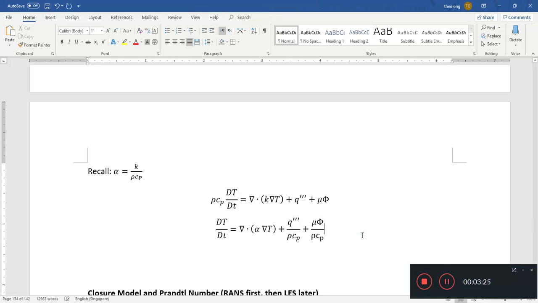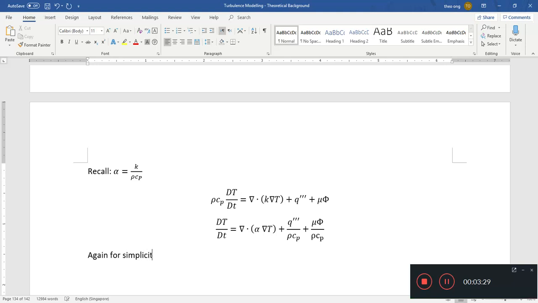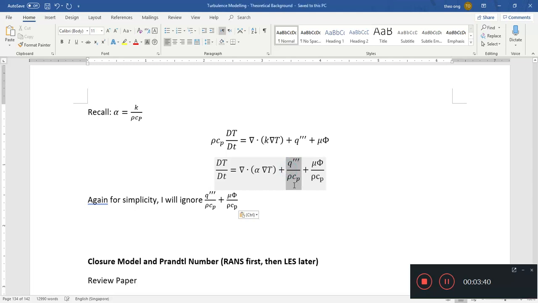Again, for simplicity, I will ignore these two terms. I don't assume heat generation in here, so that's what I'm going to do. This term is gotten rid of for simplicity.